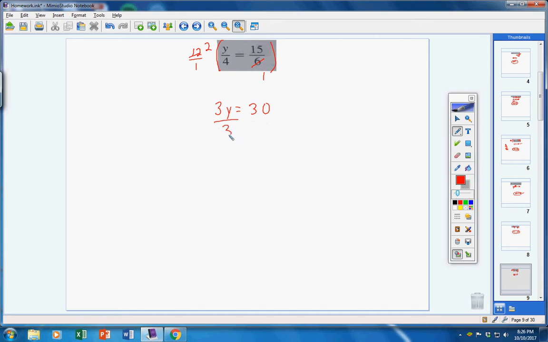Next, get rid of your coefficient, and we're left with 10. And if you put a 10 here, 10 over 4 equals 15 over 6. That's true. Reduce this, you get 5 halves. Reduce this, and you get 5 halves.